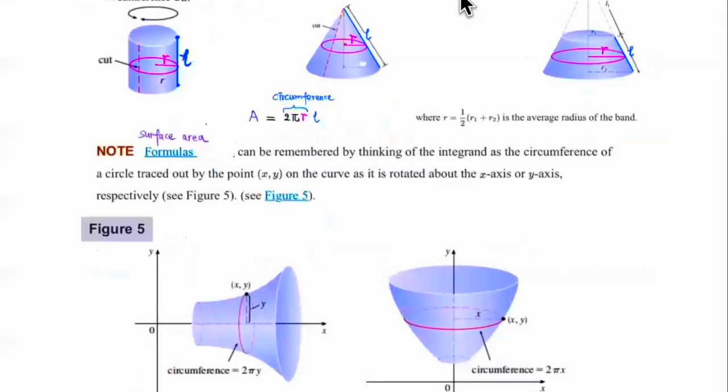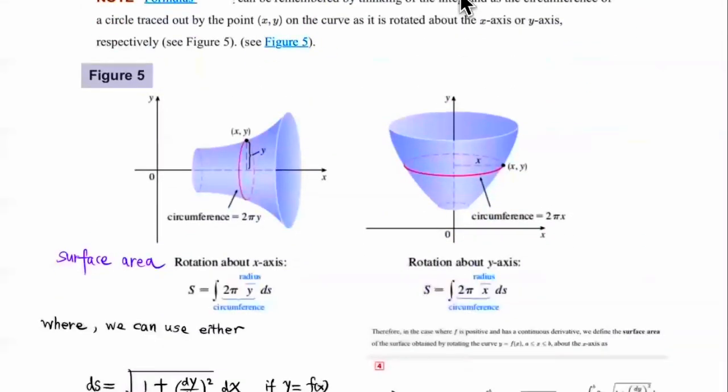Once we got that, we used that to get the surface area formula. When you rotate an arc about the x-axis, the way that you do that is you pick a point on the arc and label that x comma y.